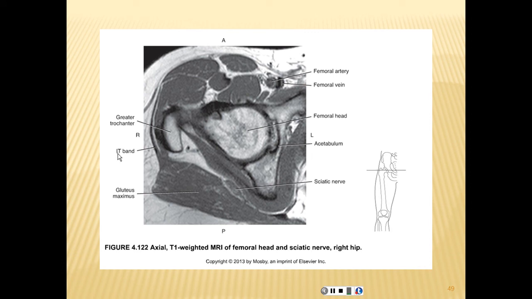And the IT band is the iliotibial band. Okay, so IT stands for iliotibial band. But we talked about the gluteus maximus. The greater trochanter will be discussed in the lower extremity. But the sciatic nerve, acetabulum, femoral head, femoral vein, and artery are actually discussed in the pelvis. So yeah, we should be familiar with that at this point of the discussion.